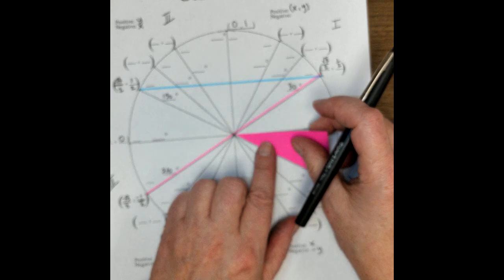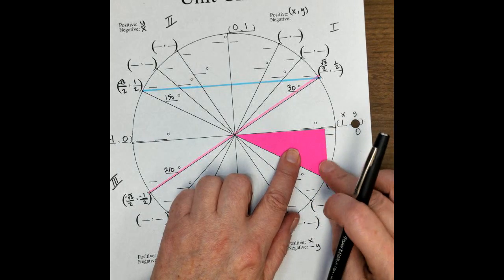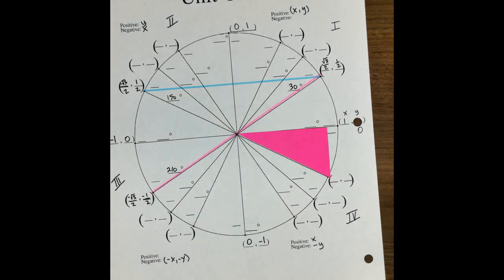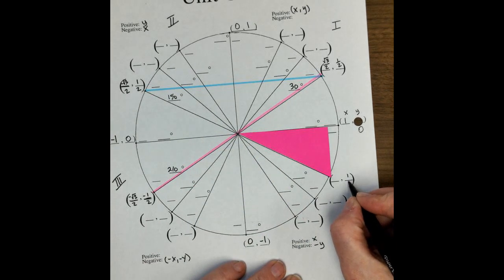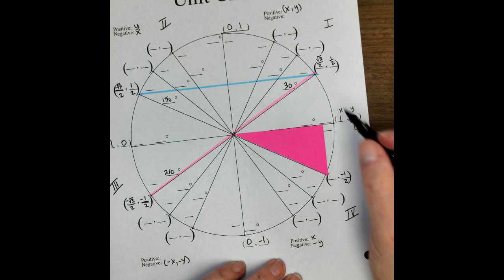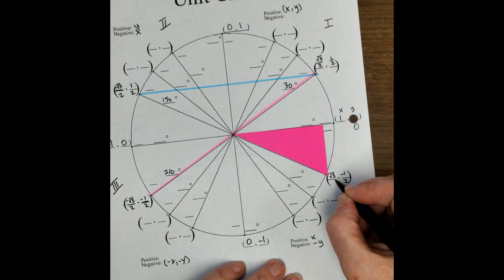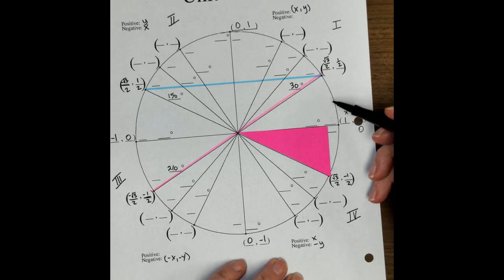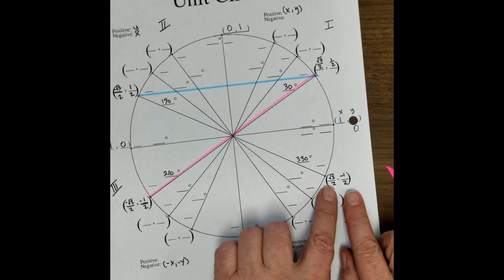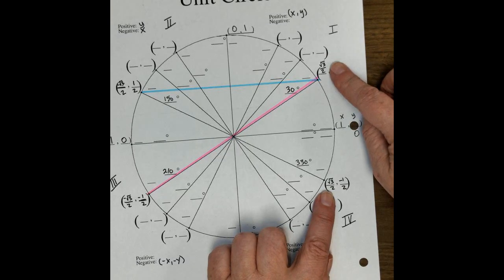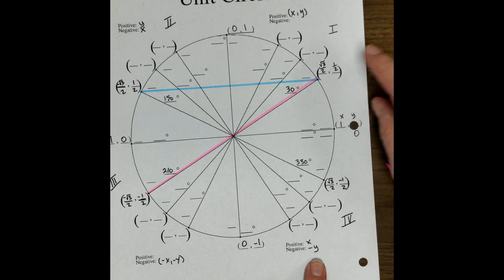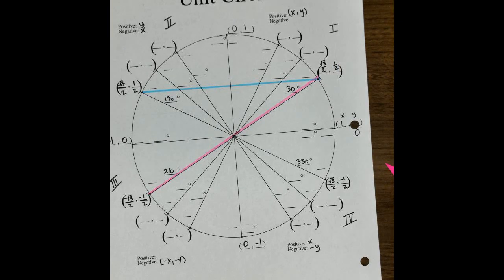Now if you notice, my y value is still 1/2, but it's negative. My x value is still square root of 3 over 2, and it's positive. So if I look at the difference, they're the same things here, but my y value becomes negative. So we're going to use yellow.